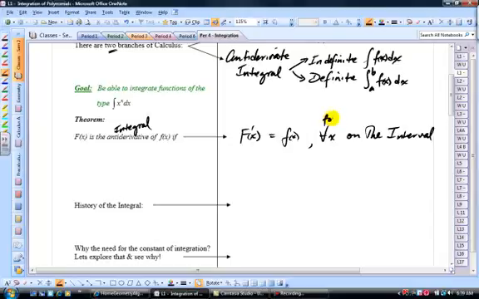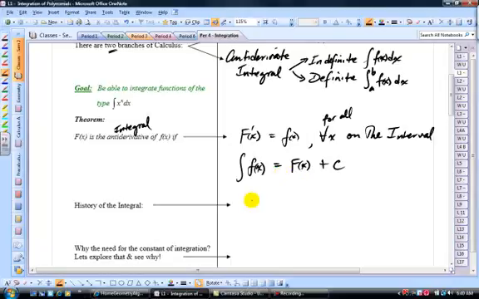In other words, if you integrate or take the antiderivative of f of x, you get a function capital F of x plus some arbitrary constant. The reason is that if you differentiate capital F, you get the original function. So we're looking for functions whose derivative is f of x.